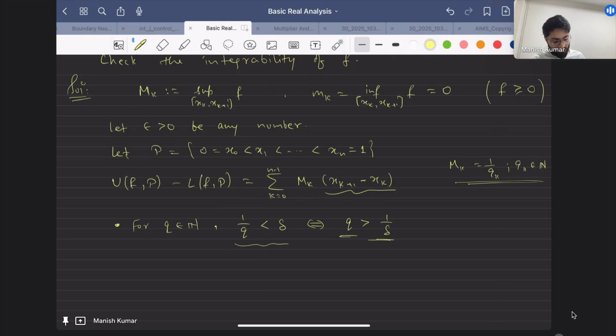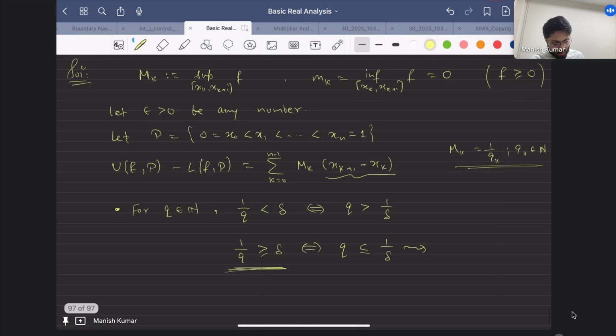My goal is to make this very small. Now what if it is greater than this quantity? This will be greater than delta if and only if q is less than 1 by delta. So what we see is that this quantity will be large, and delta is some fixed number, since I am fixing delta at first. So 1 by q will be greater than that fixed quantity if q is less than 1 by delta.